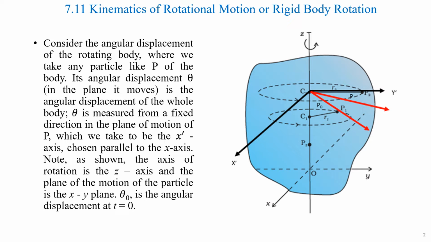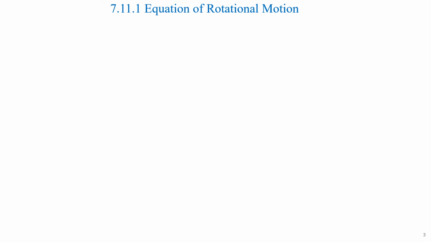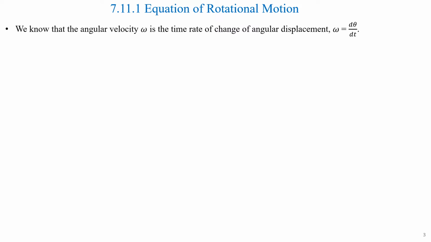Let us proceed to derive the equations of motion. Equation of rotational motion. We know that the angular velocity omega is the time rate of change of angular displacement. That is, by definition, omega is equal to d theta by dt.